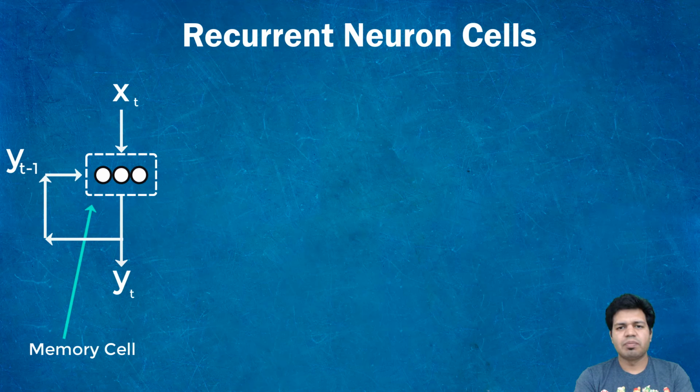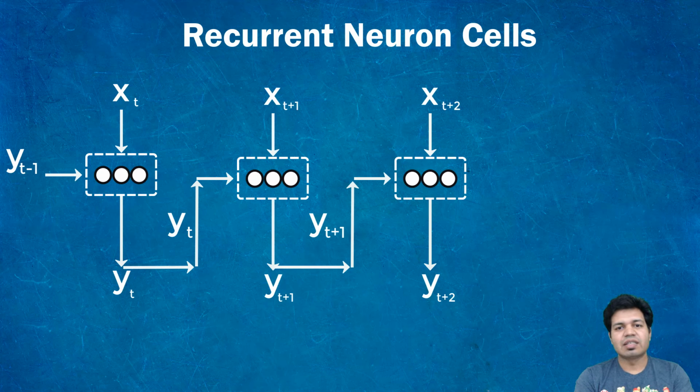GRU cells, basic cells, and LSTM cells are variations of this particular cell. Each of these cells has its own specific characteristics that make them suitable for different types of problems. So in a nutshell, it's not a single neuron which gets unrolled through time; in fact, it's a memory cell that gets unrolled through time, forming the layers of the neural network.